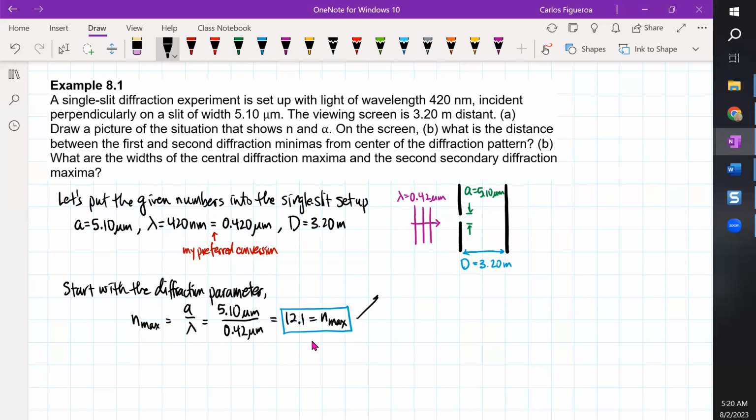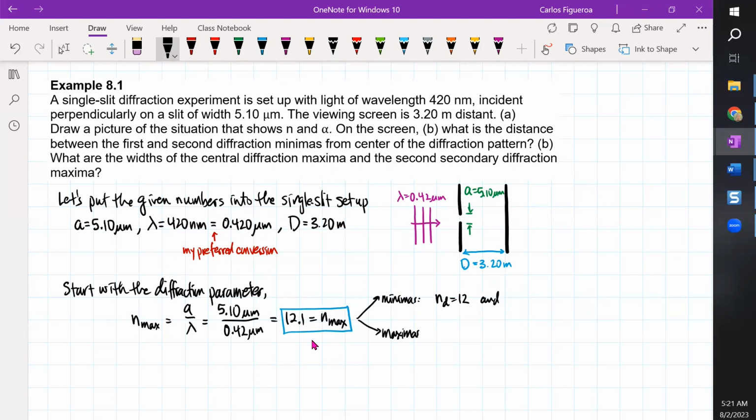So if I look at the minimas, followed by the secondary maximas, here we go. Just looking at the number, I have to go to the integer before 12.1, so that tells me immediately that ND is equal to 12.